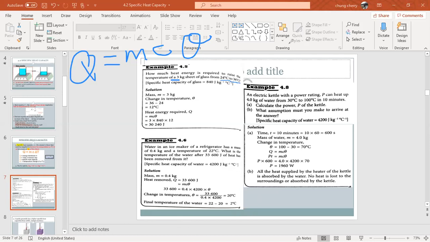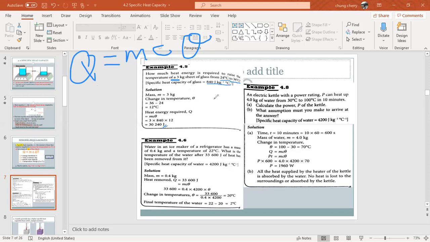The specific heat capacity, usually they will give you unless the question asks you to find it. So the mass given is 3 kg, change in temperature is 12 degrees Celsius. You just put into the formula Q equals m c theta, then you will get the heat energy is 30,240 joule. Joule is the unit of the heat energy.